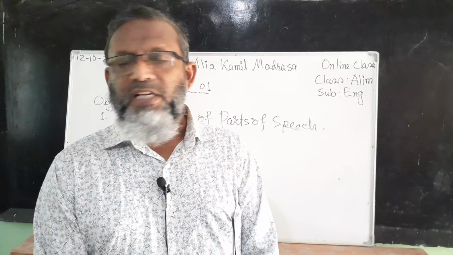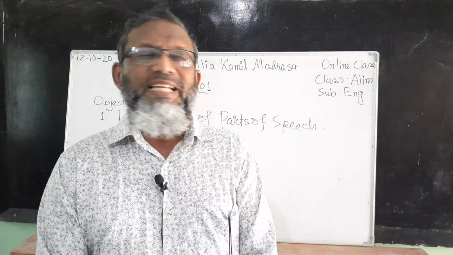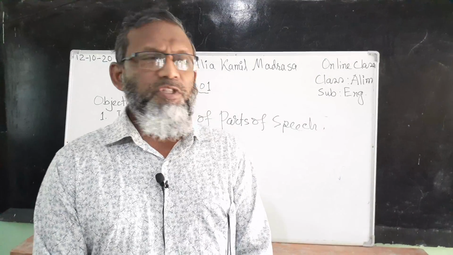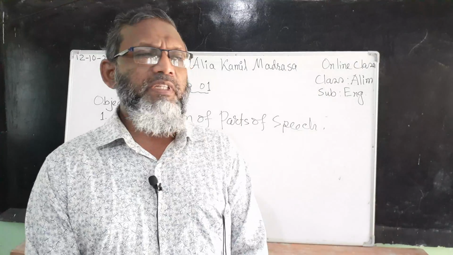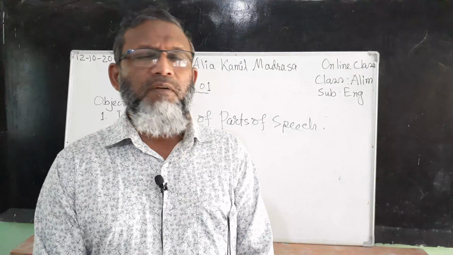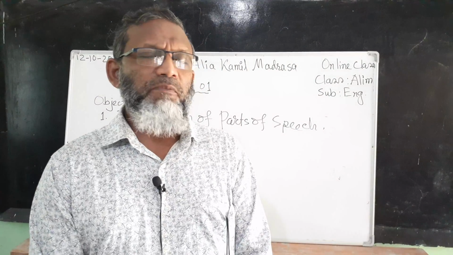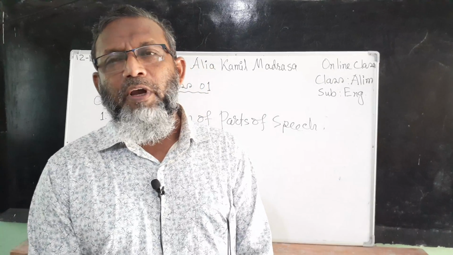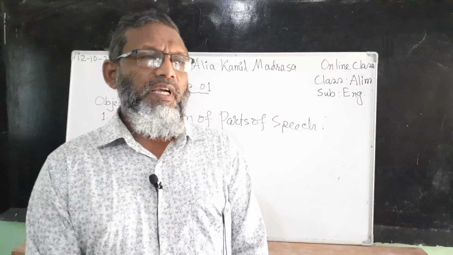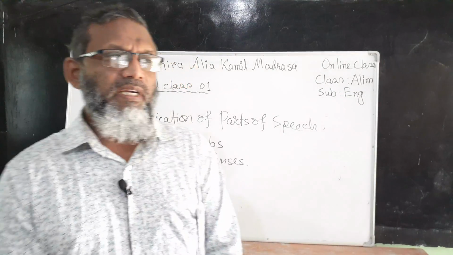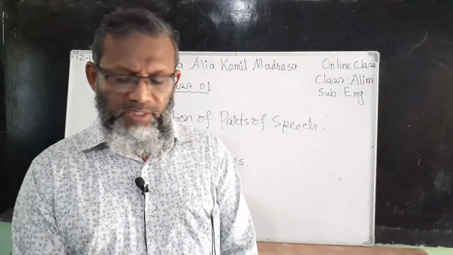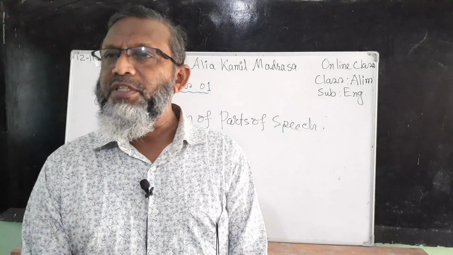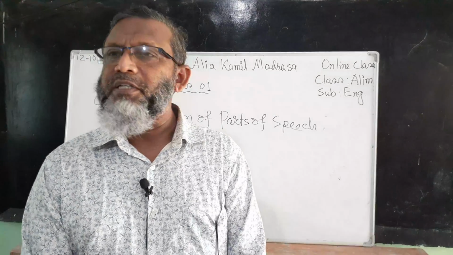Here, plays is a verb which is indicating the present action. If we say the boy played football in the field, here the verb is used to indicate the past action. And if we say that the boy will play football in the field, here the verb will play indicates the use of future action. That's why verbs have different categories and their types are different, of course.